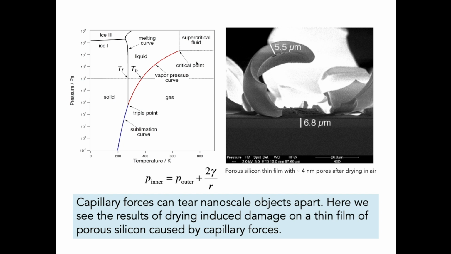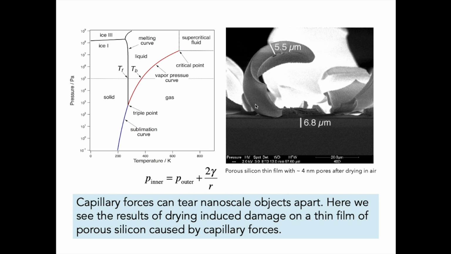Now we bring back the pressure to atmospheric pressure, and we can cool back down to room temperature, and we could do so without ever going across the liquid, the vaporization boundary, right? The liquid to gas. If we can go through the supercritical phase along this path, then we can avoid capillary forces and stop this type of damage from occurring.